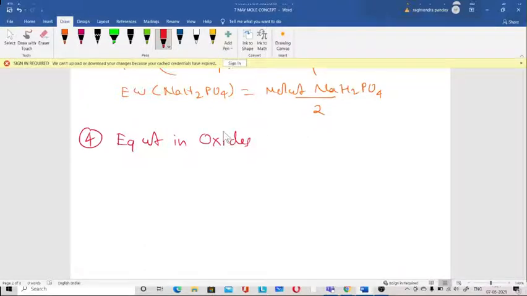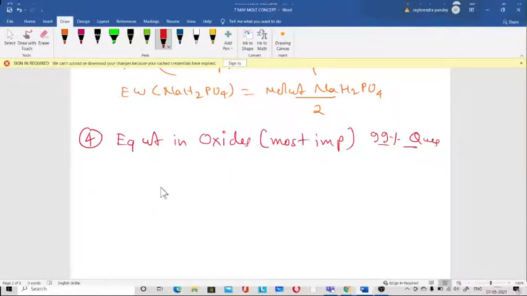And that is the most important. 99% of questions come on this concept, equivalent weight in the oxides. And we will do the detailed one here. Now, equivalent weight in the oxide means what?